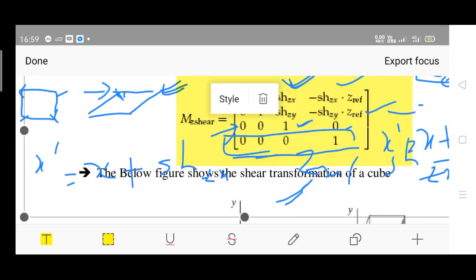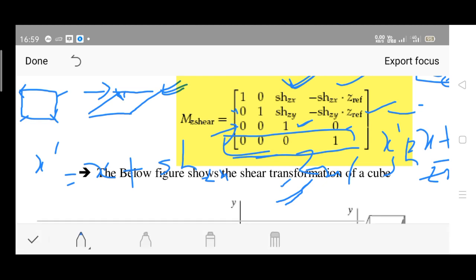If you know x dash, you can easily write y dash: in place of x, replace by y, that's it. Y plus sh of zy instead of zx, in subtraction with sh of zy multiplied by z reference. And since it is a z-axis shear, the third equation, z dash, is the same as z only. Please remember, that is what we have written as the third row, 0 0 1 0. And the fourth one is the constant factor representation, 0 0 0 1 in the homogeneous coordinate system.